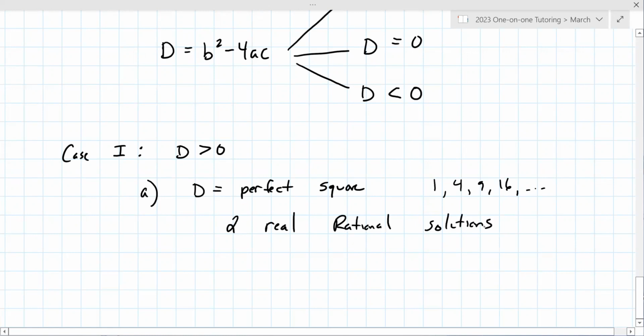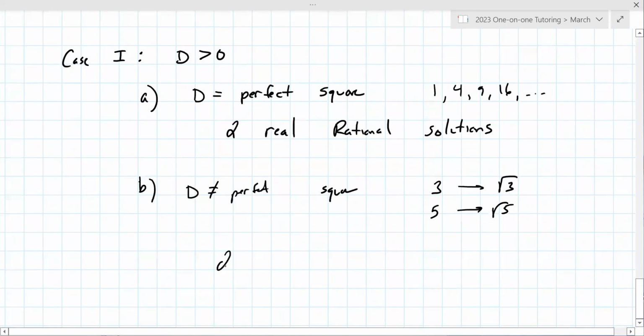You'll see in books they'll sometimes just say real. I'm adding this rational part. The other subcase is that D is not a perfect square. Like that would be 3, because that leads to the square root of 3 or the square root of 5. You still get 2 real solutions. This time, though, they're irrational.